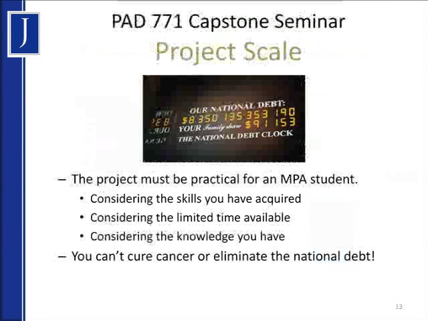Your project must be of a reasonable scale. It must be practical for an MPA student, considering the skills you have acquired, the limited time available, and the knowledge you have. For example, you shouldn't propose a project to cure cancer or eliminate the national debt.